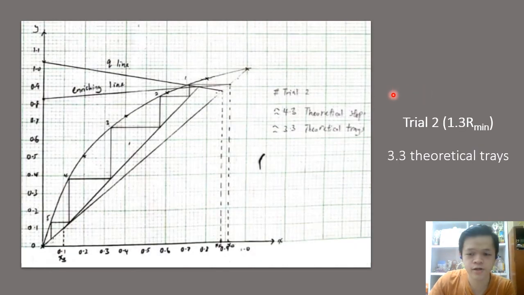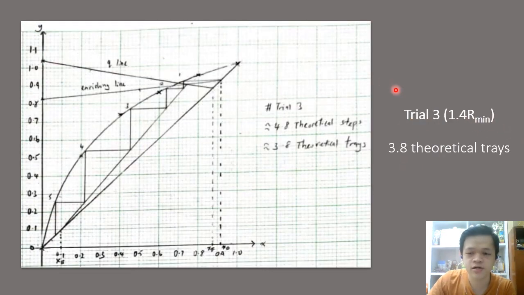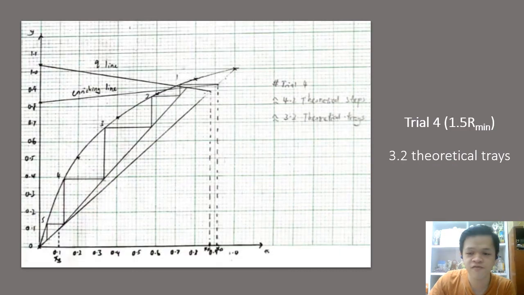For the second trial, at 1.3 R minimum, the number of theoretical trays we found on the graph is 3.3. For the third trial, at 1.4 R minimum, the number of theoretical trays is 3.8. And for the fourth trial, at 1.5 R minimum, the number of theoretical trays we found on the graph is 3.2.